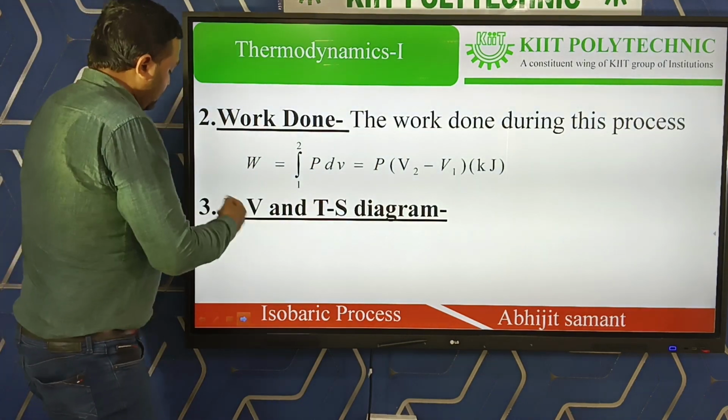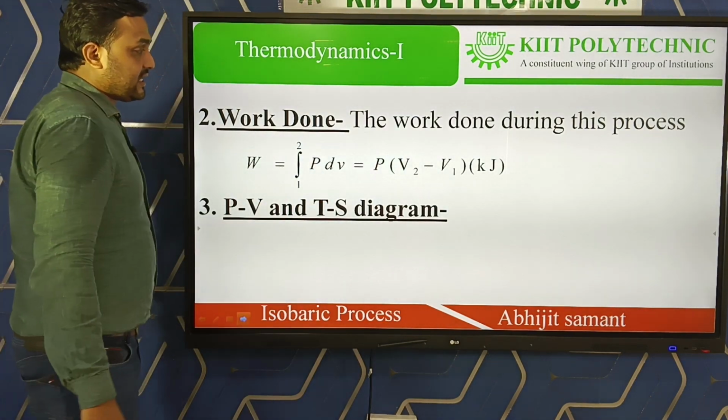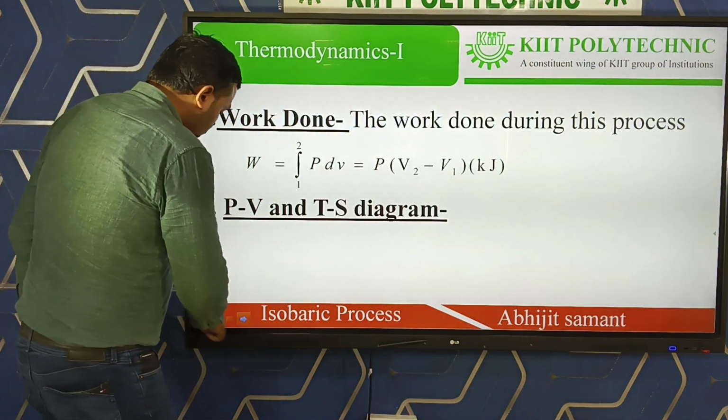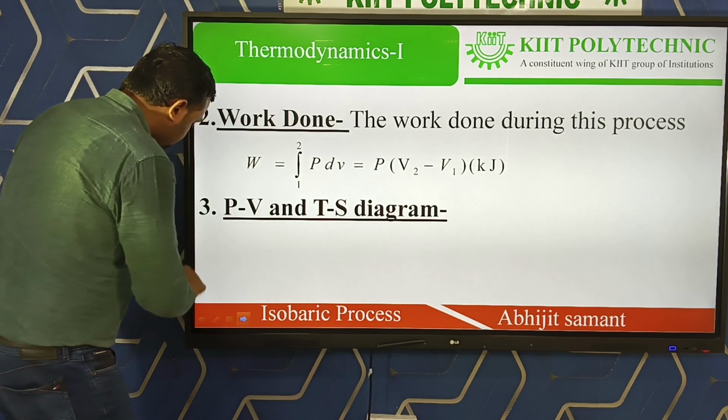Okay. Next is the PV and TS diagram. For the isobaric process, what is the PV and TS diagram? We will draw the PV and TS diagram here.